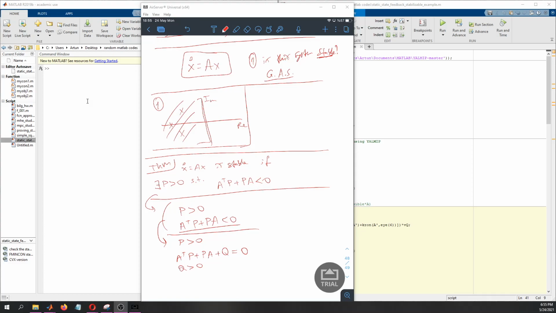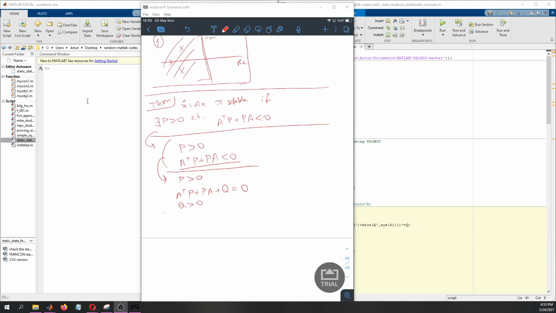All right, we can write this to arrange the terms. Also, P and Q are symmetric, on top of being positive definite. If you're interested in control, you probably know that this is the Lyapunov theorem, which is the following.